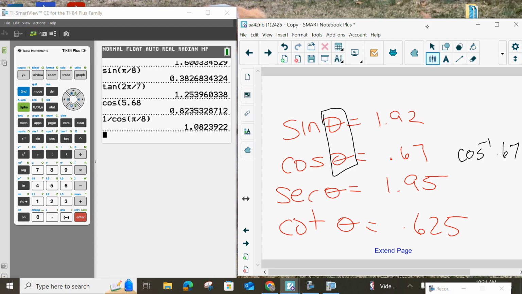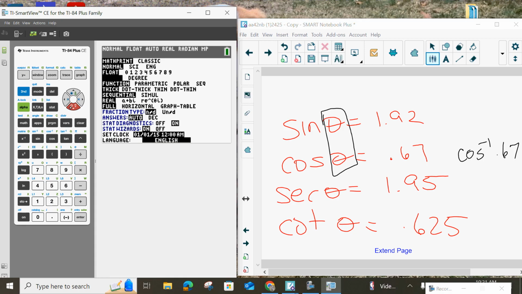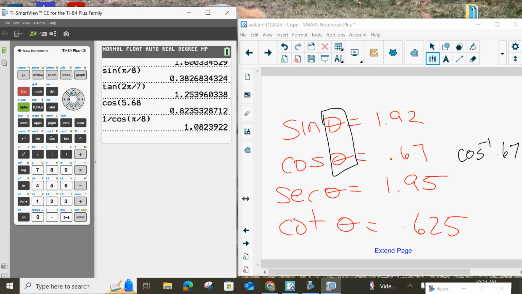I'm not saying reciprocal function. I'm saying inverse function. So do the cosine one. Second cosine of 0.67. Do the cosine one first. There is a reason. Oh, you know what we got to do just to have it better in your head? Change back to degree, just so it's better in your head. So second cosine of 0.67.